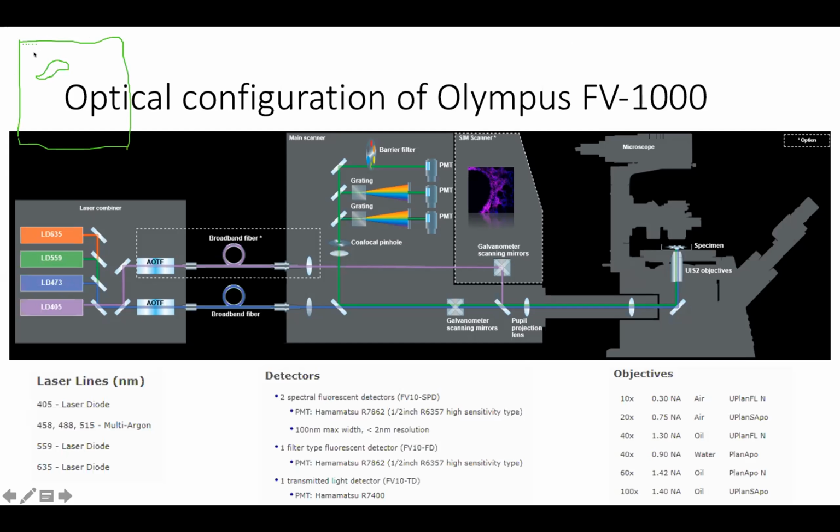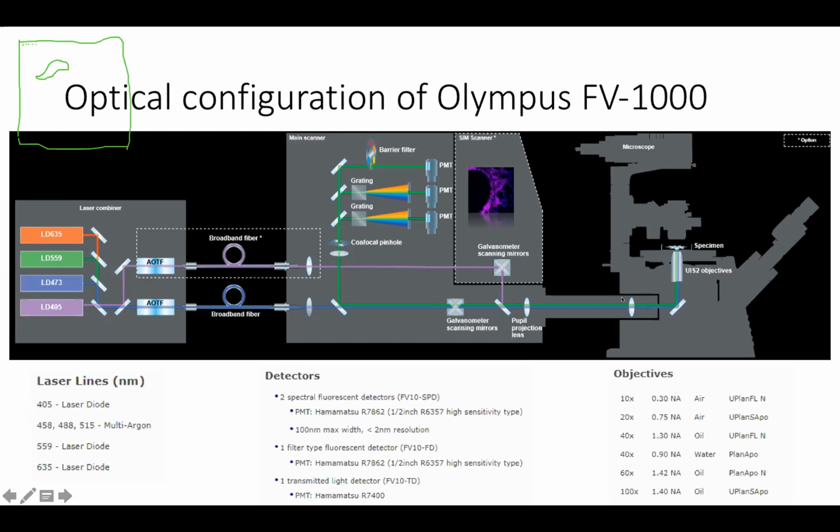On a 512 by 512 grid, your point source will go through all of these 512 pixels in the horizontal direction and 512 pixels in the vertical direction. In order to do that, you have this galvanometer mirror, which helps this laser point source to travel on each of these pixels and keep on scanning.